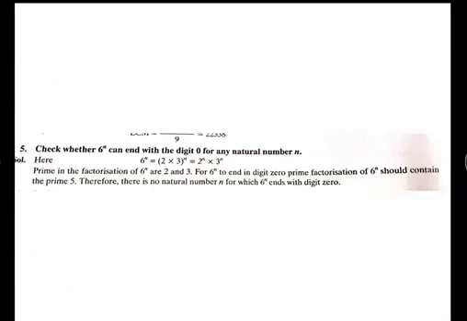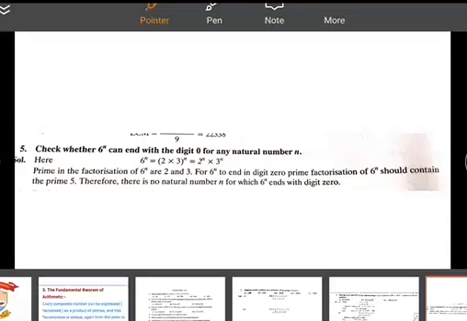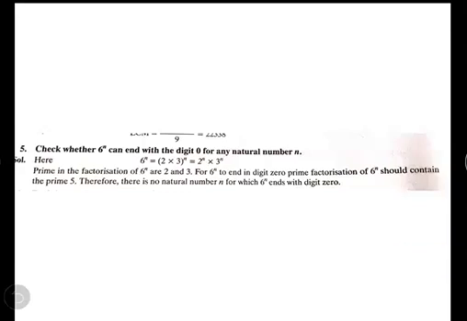Now one more question. Question number 5: check whether 6 to the power n can end with the digit 0 for any natural number n. Students, do you know the prime factorization of 6? The prime factorization of 6 equals 2 into 3.